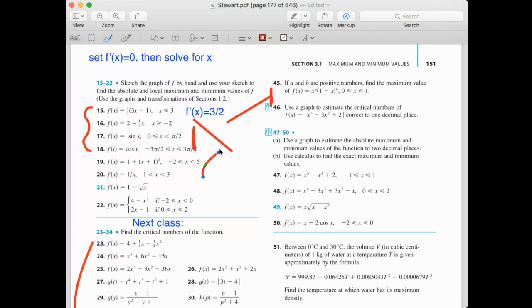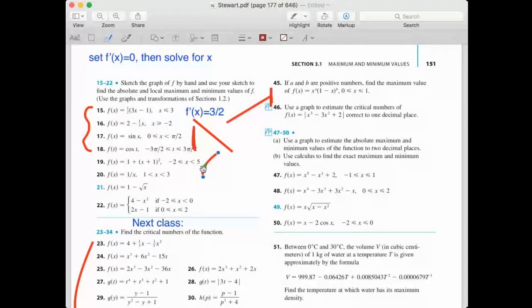So we won't have a local maximum, but we do have a local minimum, because at its endpoint, f of 0 equals sine 0, which is 0. That is the local minimum.